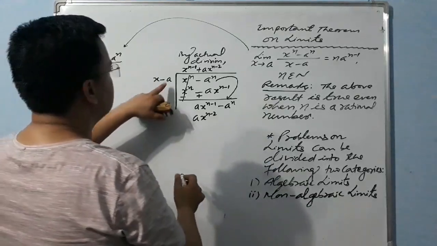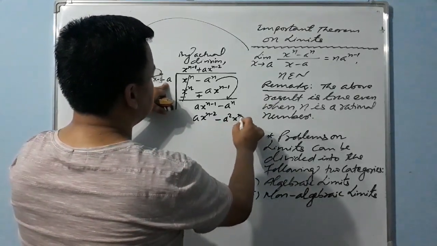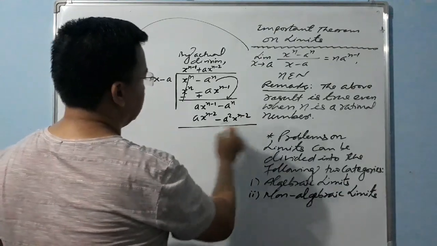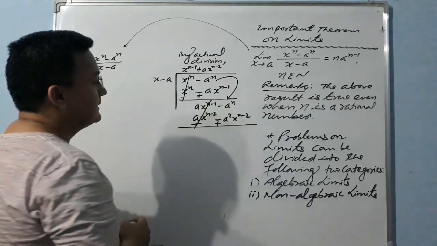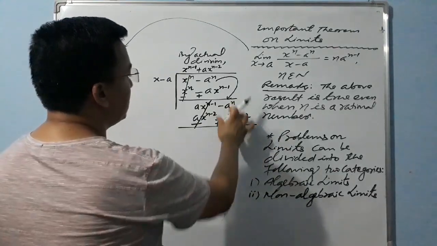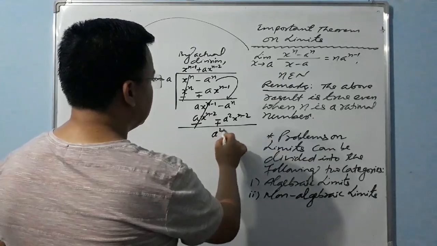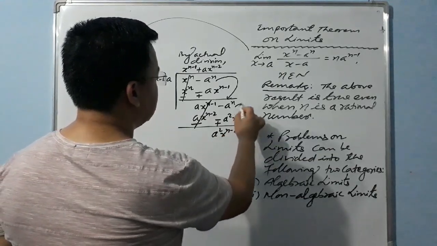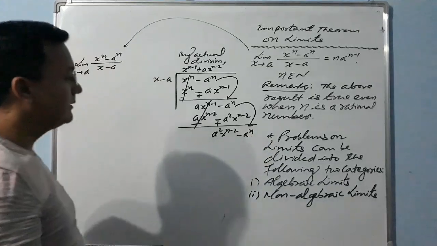I think now you understood. And here minus a square x raised to power n minus 2, and change the sign, minus and plus get cancelled, and these two are not like terms. Here a square x raised to power n minus 2, again you write down here minus a raised to power n.